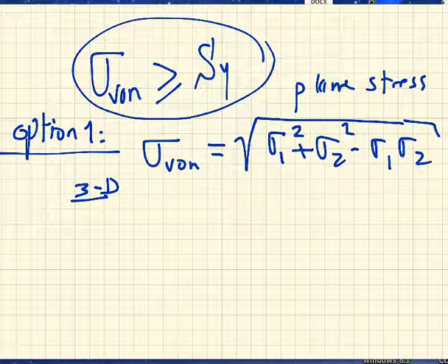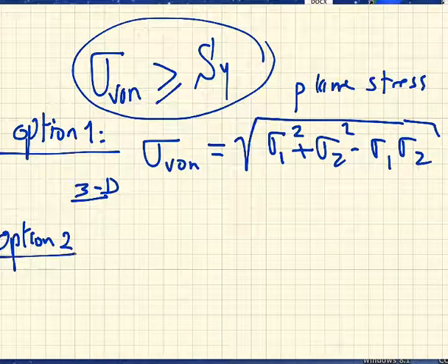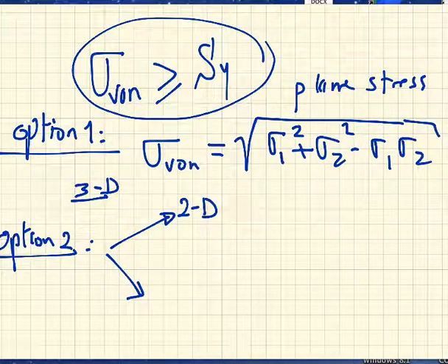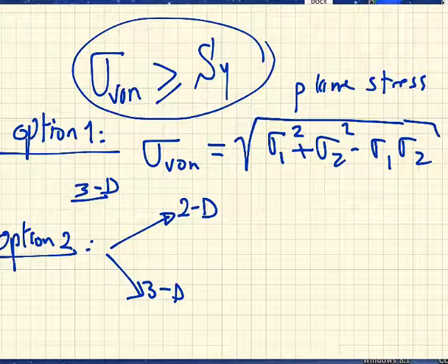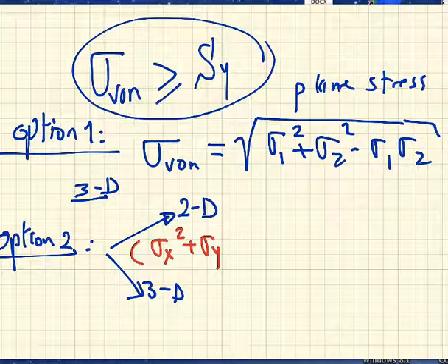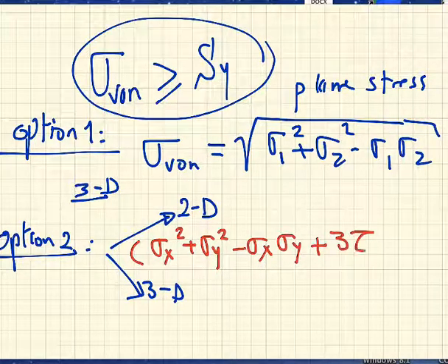Now, option two is when we have the whole stress tensor. So we can do that either in 2D or in 3D. So in 2D, the von Mises stress, I'm going to write it here as the square root of sigma x squared plus sigma y squared minus sigma x sigma y, just like before, but we have to add 3 times tau xy squared.